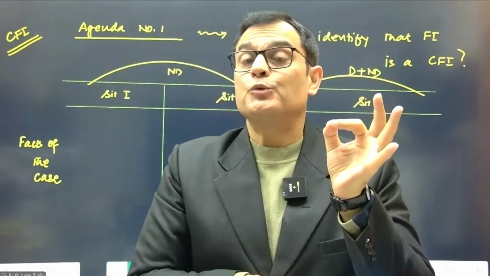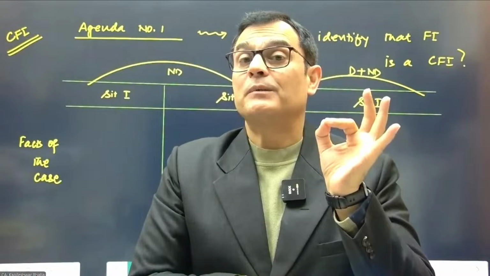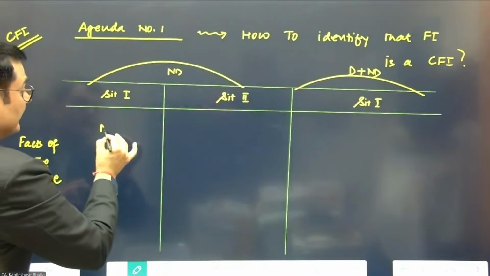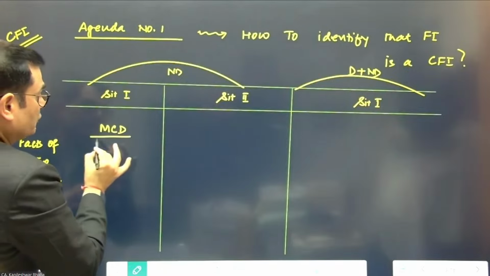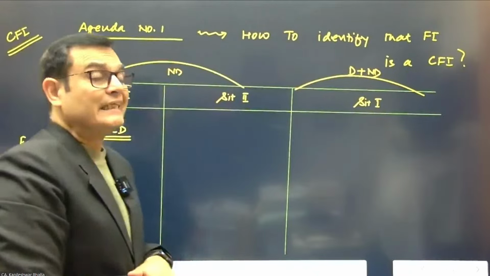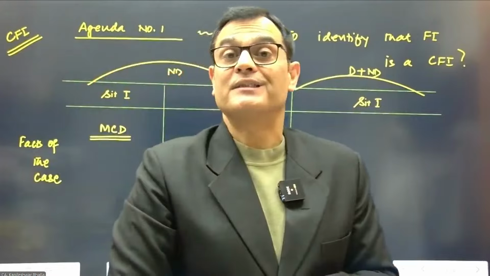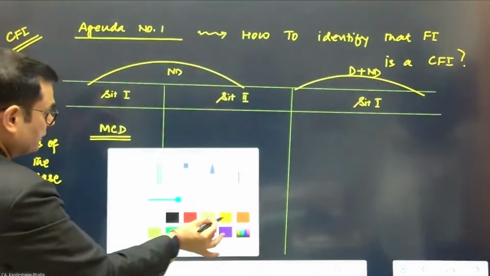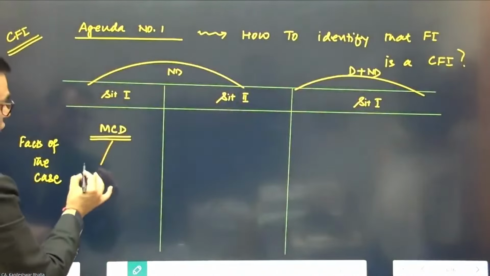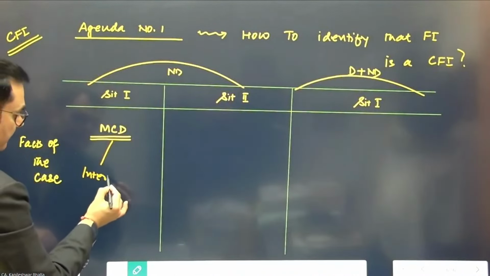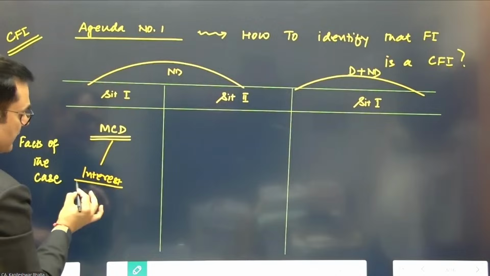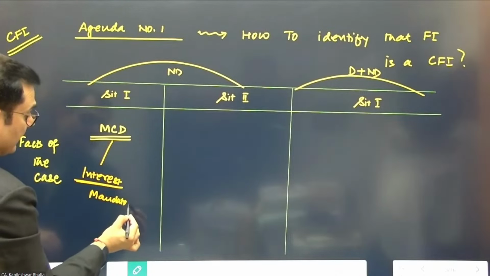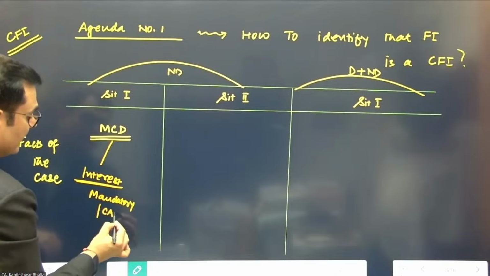A company issues a mandatorily convertible instrument, so I've issued a MCD, mandatory convertible debenture. Let's call it as MCD, where I'm giving you the inputs that in terms of the mandatorily convertible instrument, as far as the interest is concerned, it is mandatory and is going to be paid in cash.